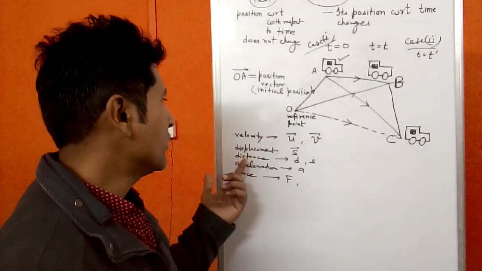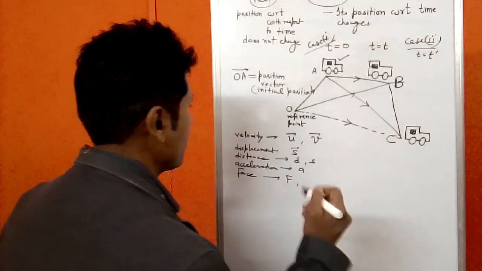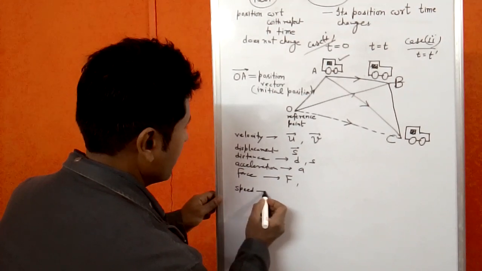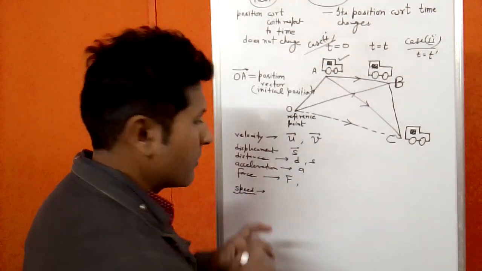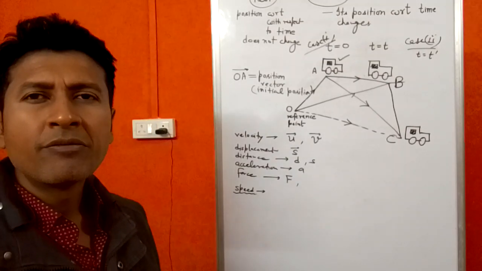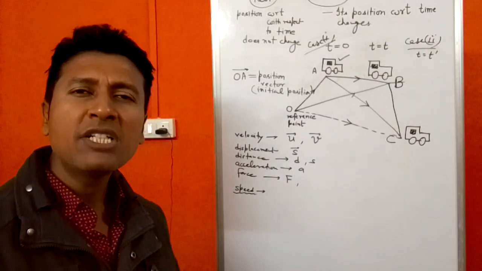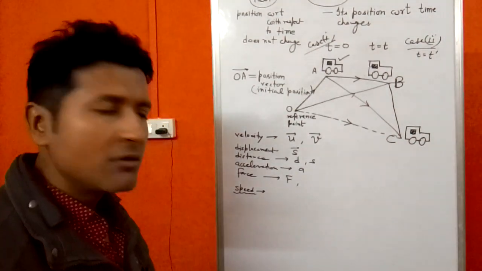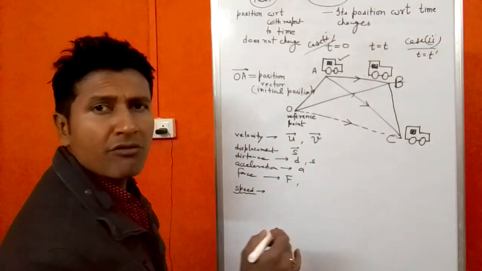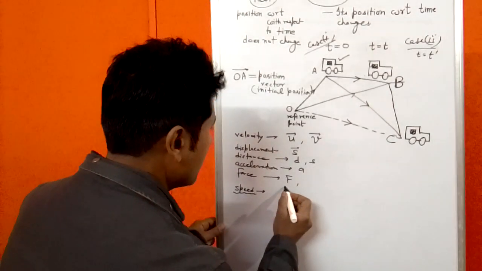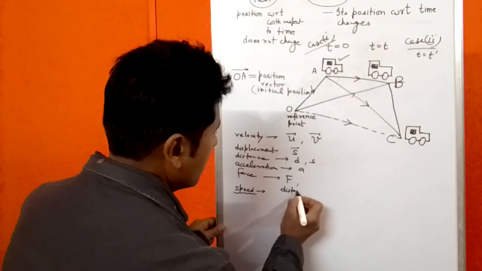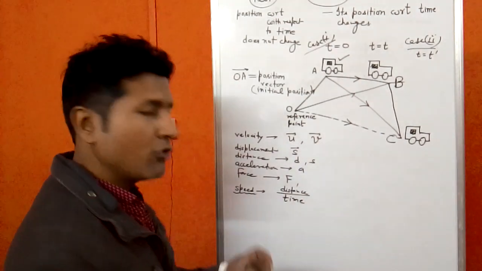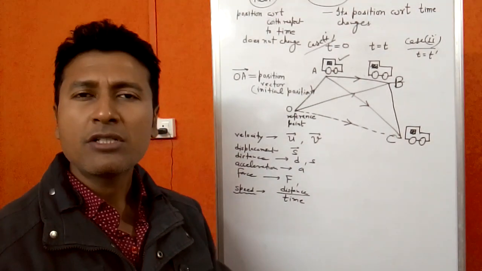Now let's start with speed. What is speed? The formula that we have been studying about speed is very simple. In lower standard you must have studied: speed is equal to distance upon time, right?